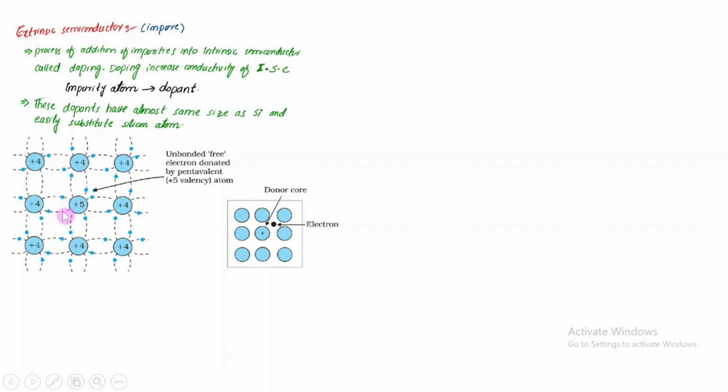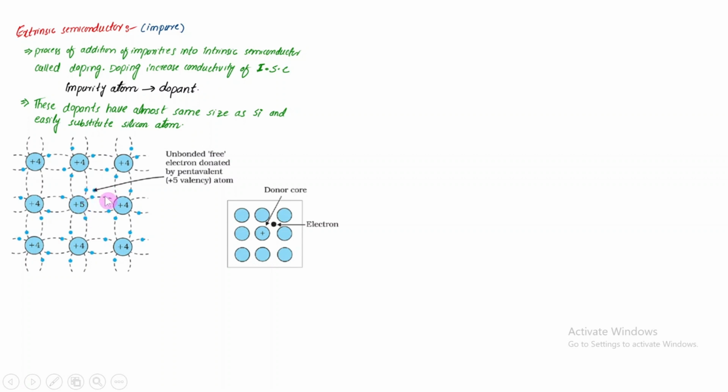If we add a phosphorus atom into the silicon crystal, the phosphorus is pentavalent, having 5 electrons in the valence shell. 4 of them will be shared with the surrounding silicon, and 1 of them will remain here. This electron is responsible for the conductivity. This electron will enhance the conductivity of the intrinsic semiconductor.